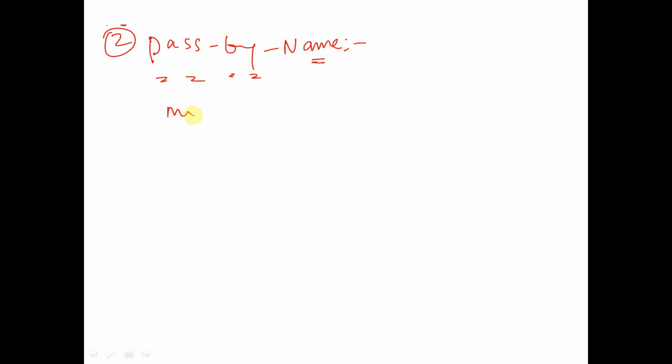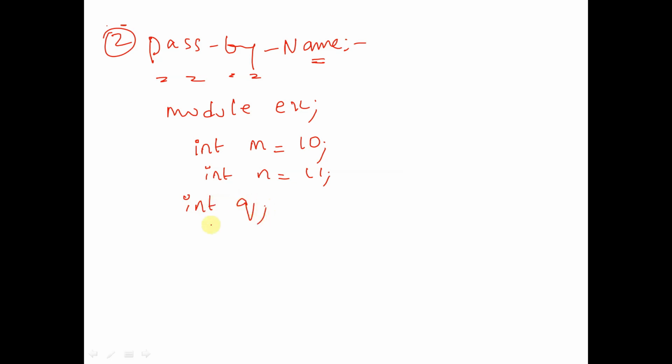So again, I have a module called example, and I'm taking one variable int m, which is equal to 10, and int n, which is equal to 11, and one more variable, int q.